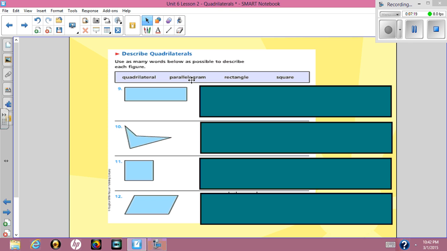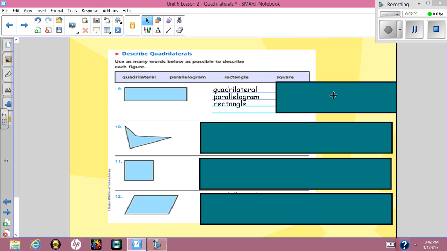It has 2 pairs of parallel lines and it has 4 right angles. Yes, it fits that category. Does it fit the category of square, where each side is of equal length? No. So we would call this a quadrilateral, parallelogram, and a rectangle.